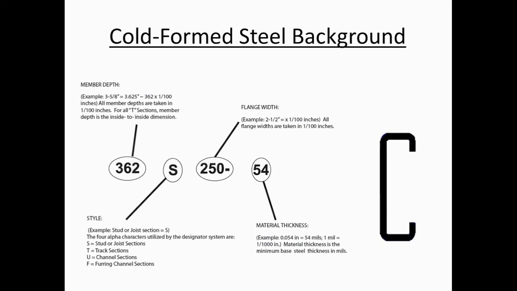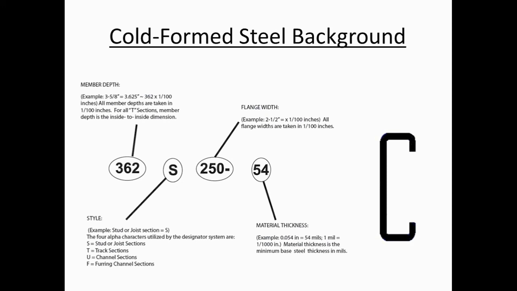The second descriptor is a letter, and it denotes the style. S as if it's a stud or a joist, T as if it's a track, U as if it's a channel, F as if it's a furring channel.